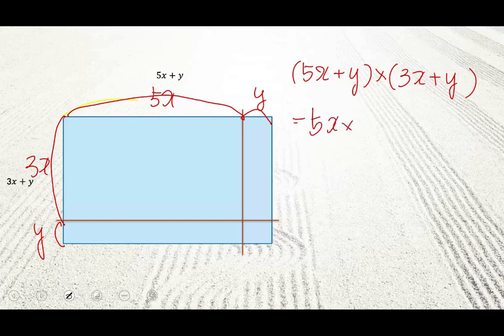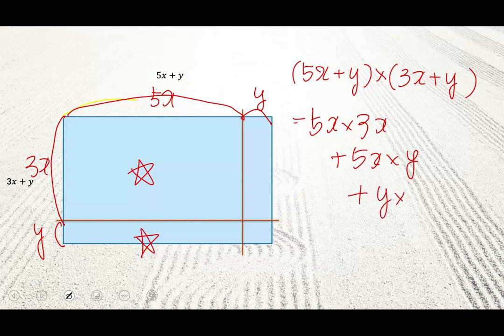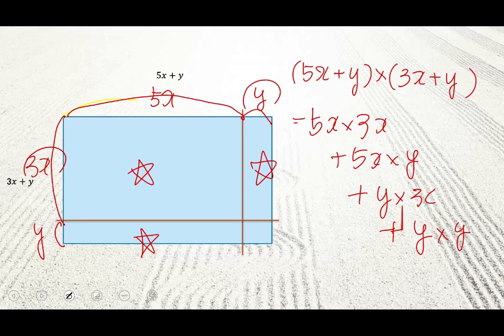5x times 3x, which is here, plus 5x times y, which is here, plus y times 3x, which is here, plus y times y, which is here.